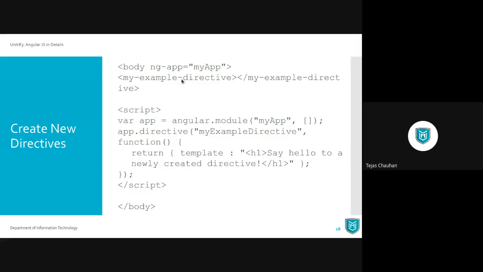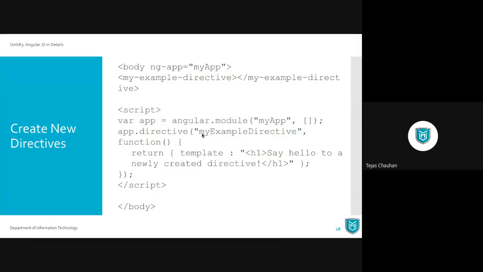Now how do we use this directive in the view part? In the view, we can use this directive using tag name, or class name, or attribute, or comments, anything. But make sure that with this camel case naming convention, you separate out your words with a hyphen sign when you are using that directive.